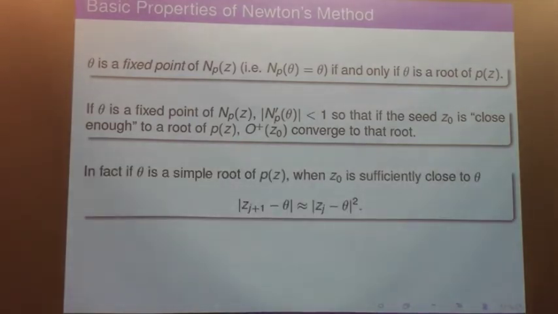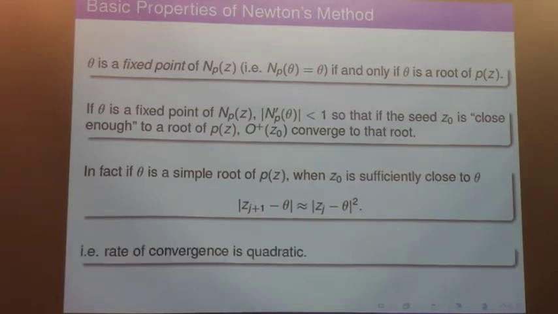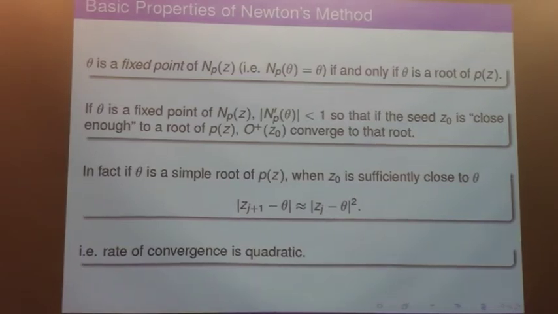In fact, if it's a simple root, it converges quadratically. So we really need, say, 5-6 iterations, no more, to come close to a root. So the rate of convergence is quadratic.